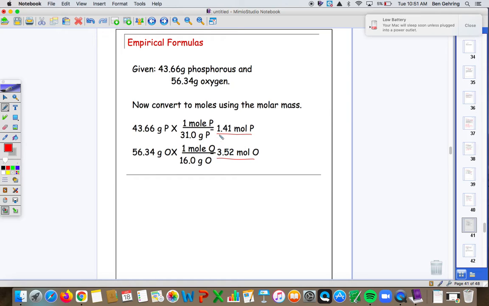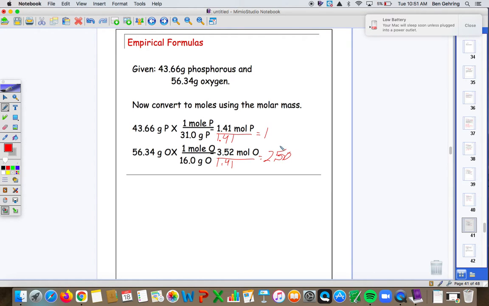So I'm going to divide both numbers by this 1.41. And so for moles of phosphorus, this is going to be 1. If I divide 3.52 by 1.41, I'm going to get 2.496, or 2.50.